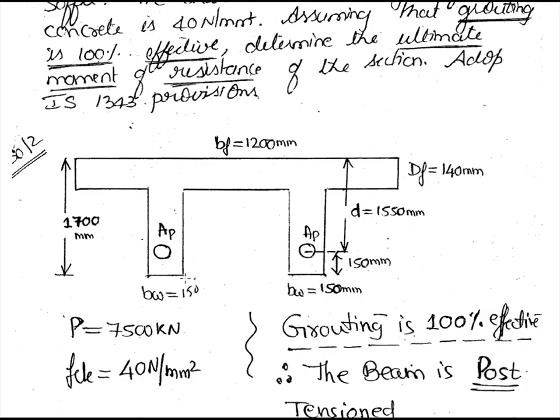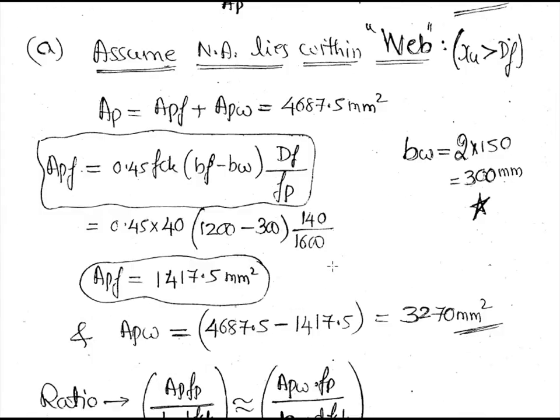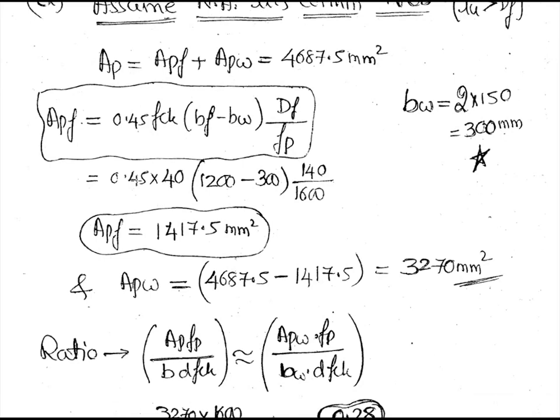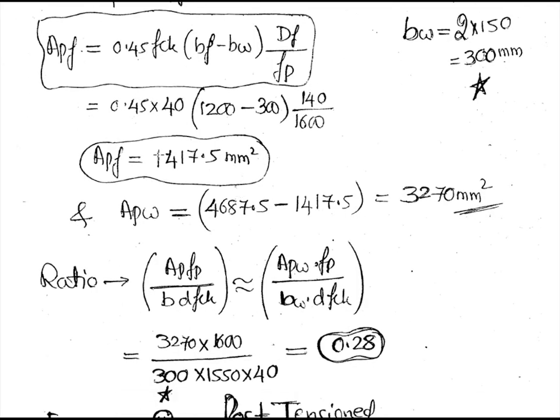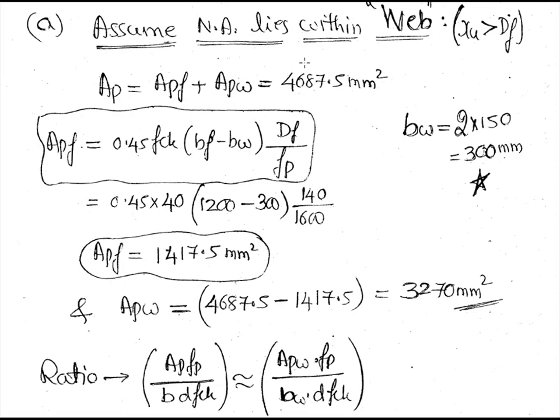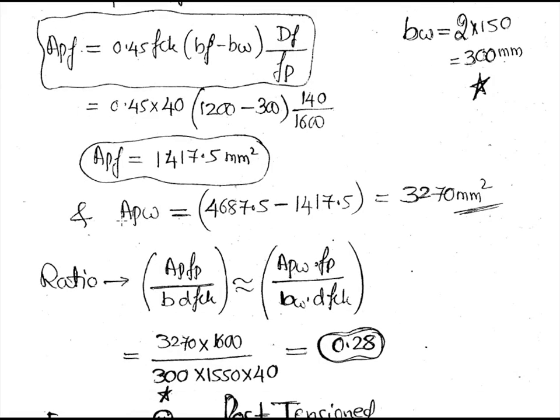We are considering two webs, so we have to multiply the width of web as 2 into 150 is equal to 300 mm. Substitute the value of BW as 300 mm. The remaining you will get the answer as 1417.5 mm square. From this you can substitute it here and get the value for APW as well.